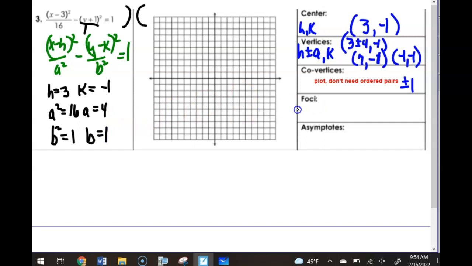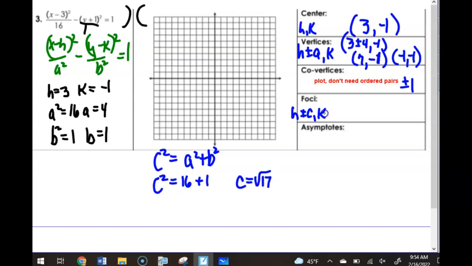The foci, it says, are at h plus or minus c, comma k. Let's find c. c squared equals a squared plus b squared. Well, a squared was 16 and b squared was 1. So c is the square root of 17. So if you were writing this for a quiz, you could write 3 plus or minus the square root of 17, comma -1.